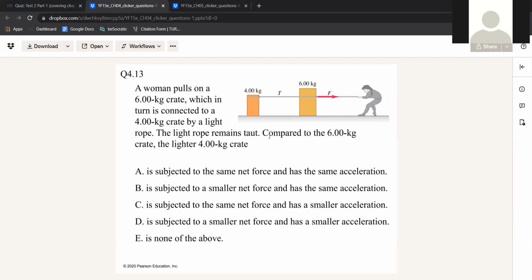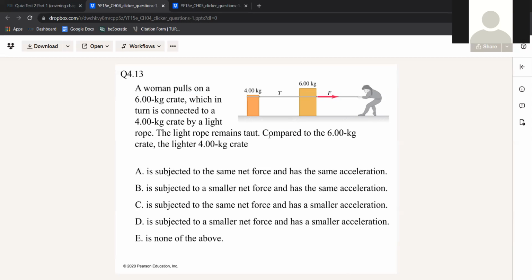I agree. I like the way you're thinking, because even though you're not using the formula, it totally makes sense how you're explaining it. But basically, we're using the second law, which is mass times acceleration. Acceleration is constant, as George is saying, but the 4 kilogram is obviously less than the 6 kilogram.